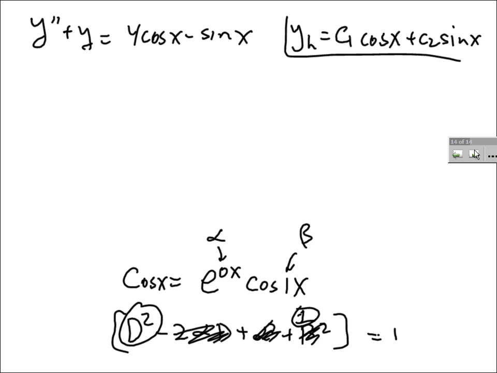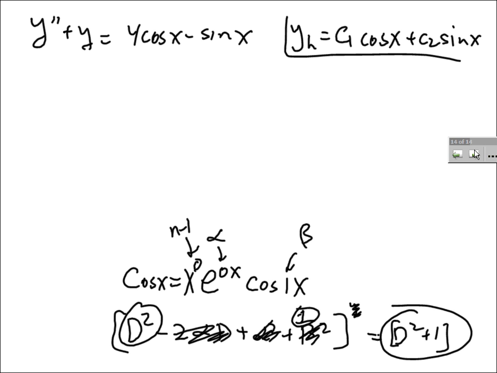Okay. Just have to make one more comment. This is times x to the 0, so that's n minus 1. That is, n is 1 more than that. n is 1. So that's the operator that will annihilate the right-hand side.